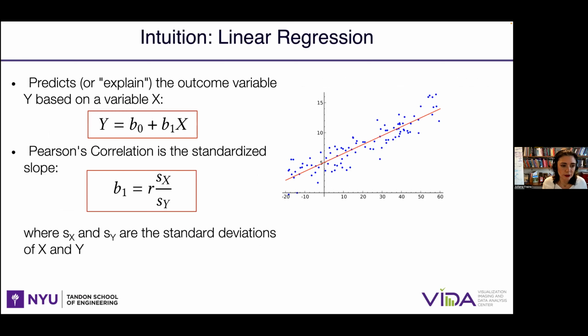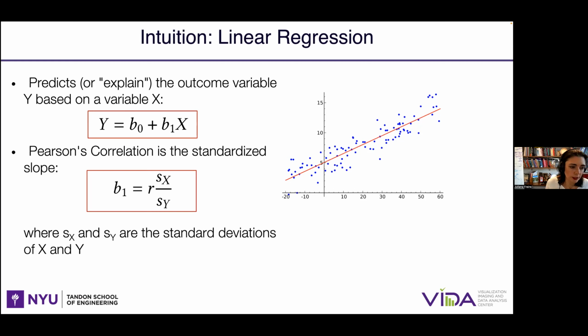analytic tasks, right? And the intuition you can see by looking at linear regression, which is widely used to estimate parameters in a linear equation that predict the values of X and Y, right? So in a linear regression, you're estimating the parameters B0 and B1 in this linear equation using data from Y and X. And if you think about Pearson's correlation coefficient, it can actually be seen as the standardized slope of this regression line, right?